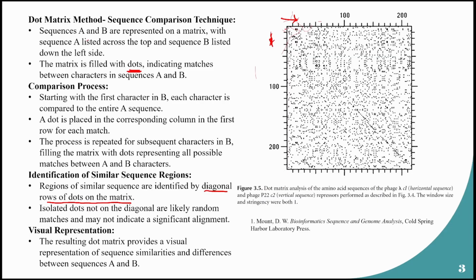If you just try to see whichever part is corresponding to the diagonal from both of the sequences, you will get to see which particular regions are matching. And whenever there are isolated dots, those are most likely random matches and not any significant kind of alignment. And it is a good visual representation of the match between two different sequences.